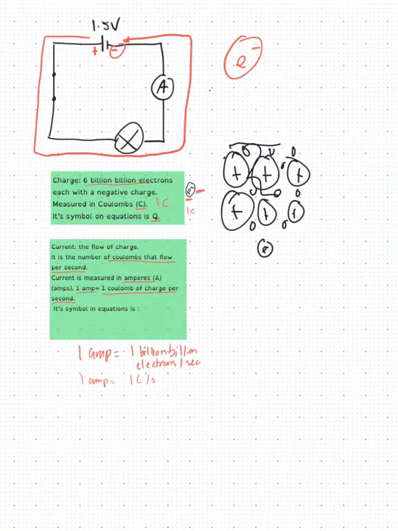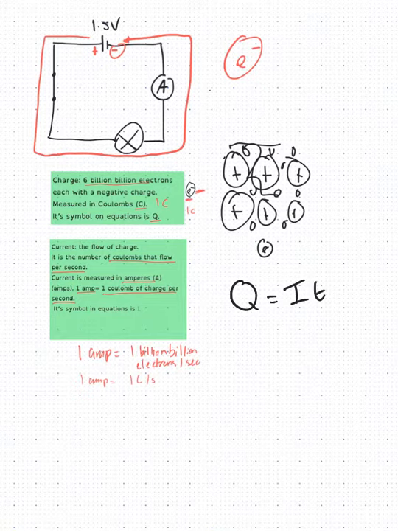And remember that charge and current are linked together, and they're linked with time as well. So we can use this formula here. Overall charge equals current times the time. If we want to work out the overall number of electrons or number of coulombs that have flowed through a circuit, we need to multiply the current, the number of amps, by the time taken.